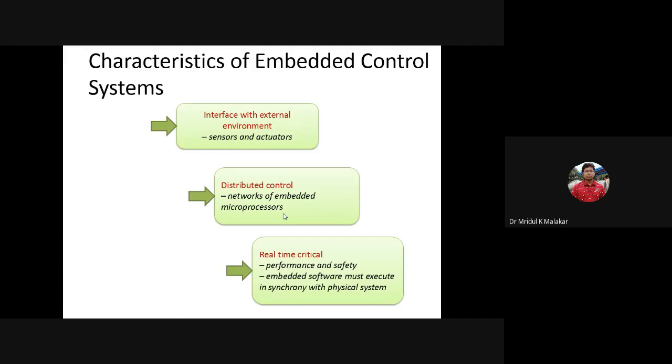You have to pay a somewhat higher price for an iPhone, and for an Android phone or China-based mobiles like Vivo, Oppo, you don't have to pay much. So these are the main three critical things for an embedded control system.